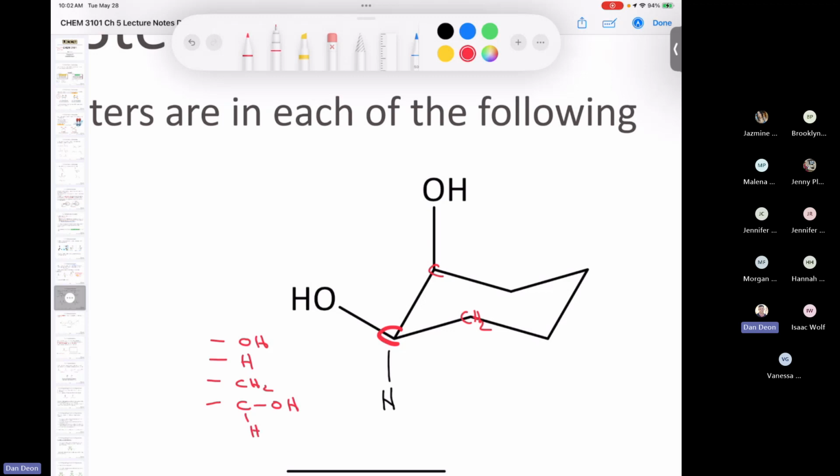So it's attached to 4 different groups. So that red carbon is a chiral center. And for the same reason, this carbon is a chiral center. That carbon in blue is attached to a hydroxyl, a proton, a CH2, and the red carbon, which has a hydroxyl and a proton attached to it. So it's attached to 4 different groups. So those are 2 chiral centers.